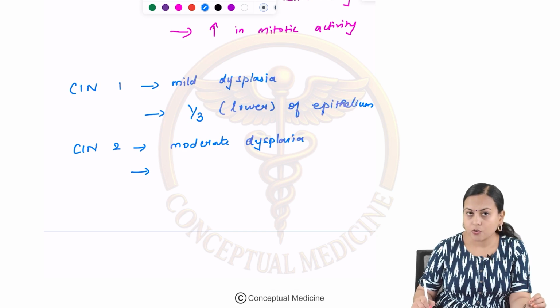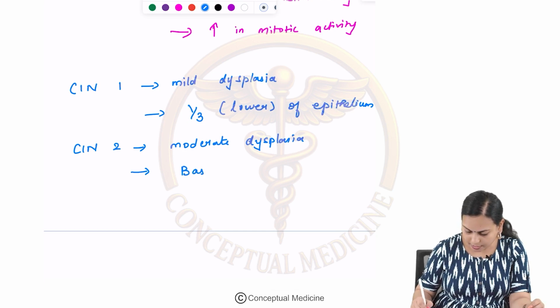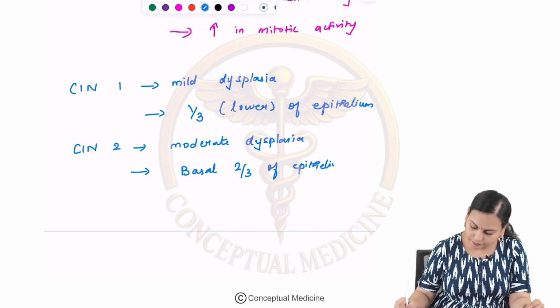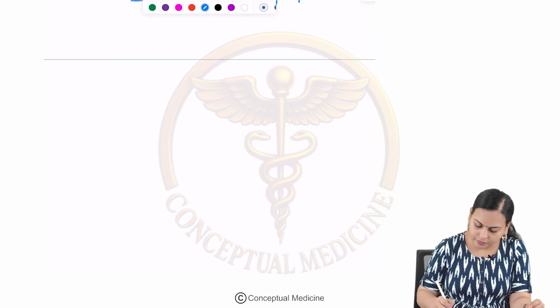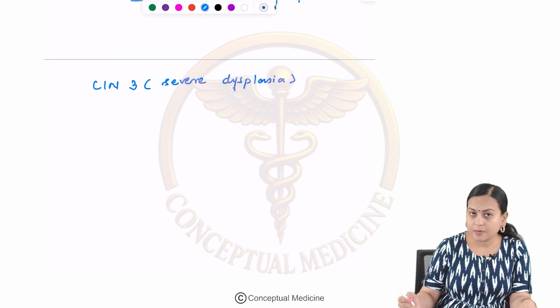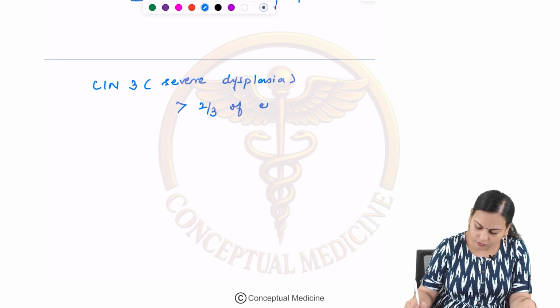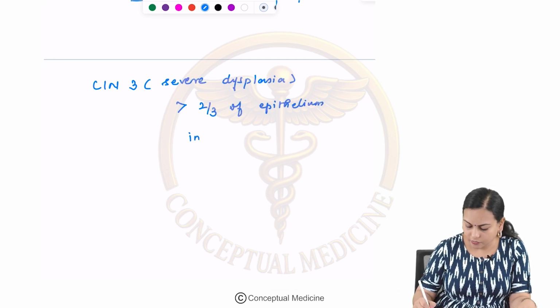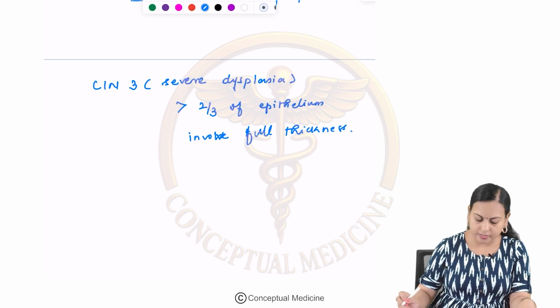The atypical cells are seen in the basal 2/3 of epithelium. And finally, we have CIN3, which is severe dysplasia. The atypical cells are seen in more than 2/3 of epithelium. Sometimes it can even involve full thickness as well.